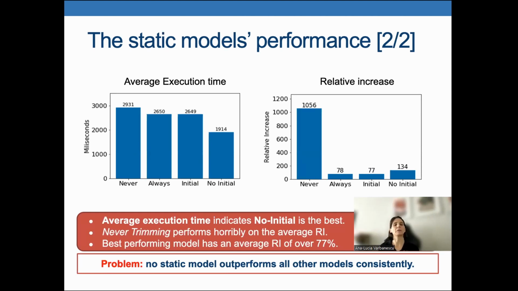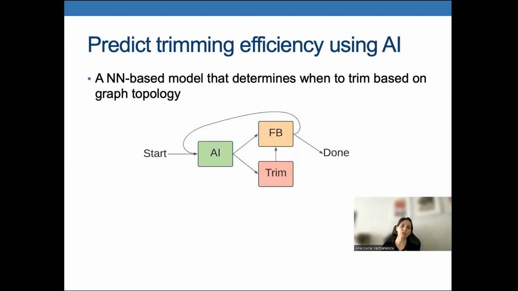And the solution we found, inspired a little bit by the previous approach, was to add a very small AI-based model that will give us a prediction of whether we should or should not trim. So we literally put a tiny neural network here that is trained to predict whether, at this particular moment of the algorithm, we should trim or not.